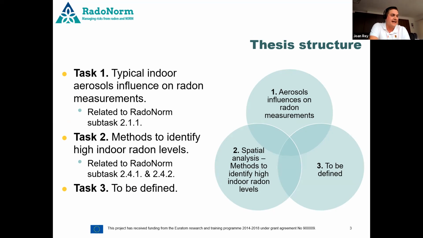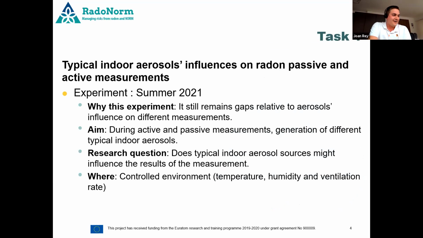The second task is the identification of an optimal method to identify high indoor radon levels, and this task is related to subtasks 2.4 and 2.4.2 of RadoNorm. As I said, there will be other projects that will complete the thesis content, but they need to be defined in the coming years. So now I'm going to go deeper into the first two tasks.